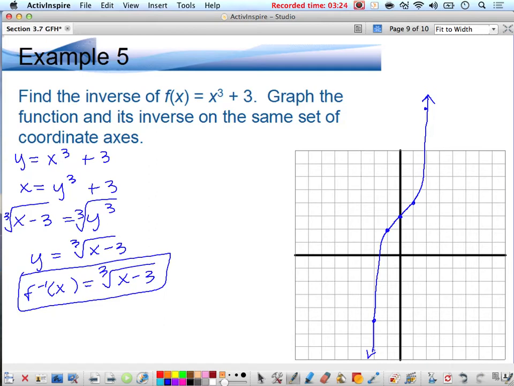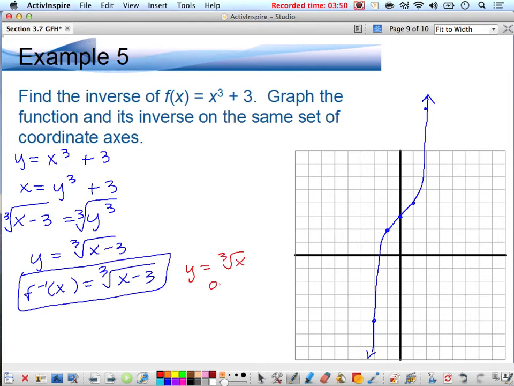Now let's try to graph the inverse. So I think I will use red for the inverse here. The inverse is a little trickier. You can't just remember the parent function and move it. Well, you could just do the parent function and move it to the right 3 spaces. Do y'all want to do that? Yes. Okay. So what are the points that go on the parent function y = cube root of x?